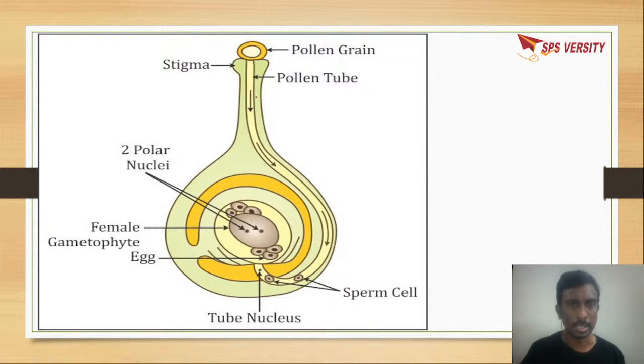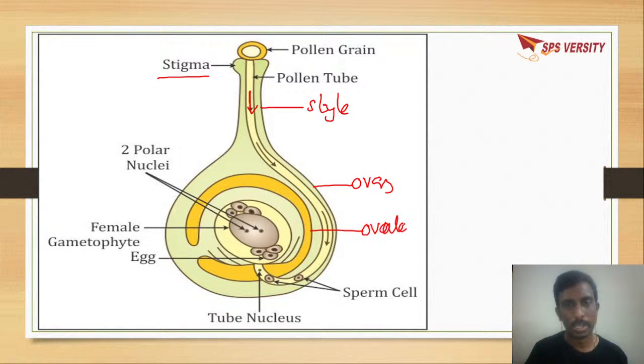So here you can see the pathway of the pollen tube. It started its journey from the stigma, next it has entered into the style, next into the ovary, next it will enter into the ovule, next into the embryo sac.